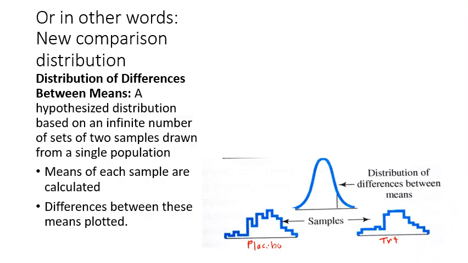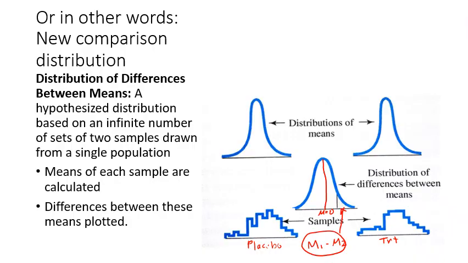So we're interested in knowing if we subtract mean 1 minus mean 2, and that's the distribution of this difference between means that we're actually using for our statistical test, and we're assuming that the difference will be 0. There's going to be no difference. So we're trying to see if this difference, mean 1 minus mean 2, is falling into this tail of the distribution.